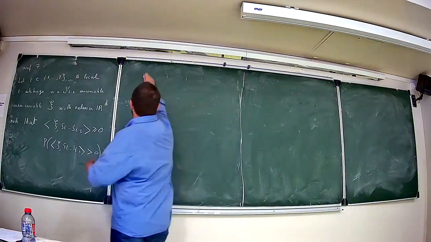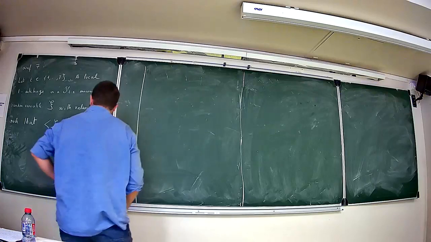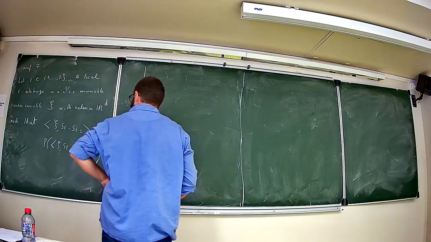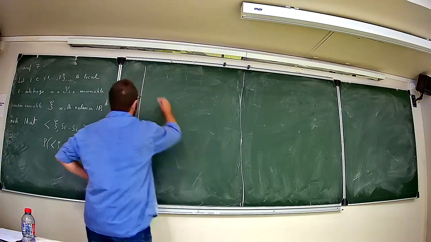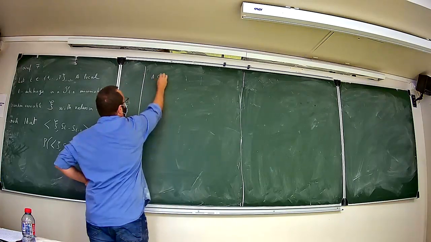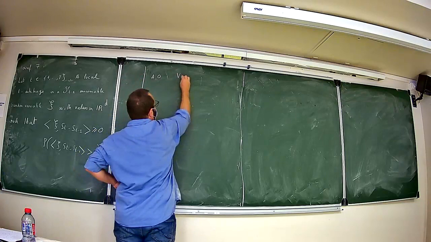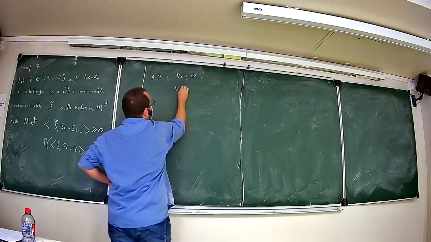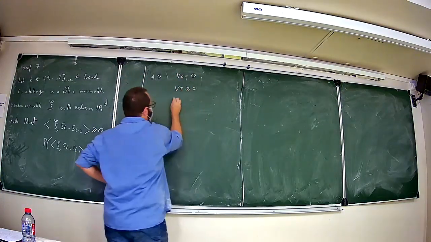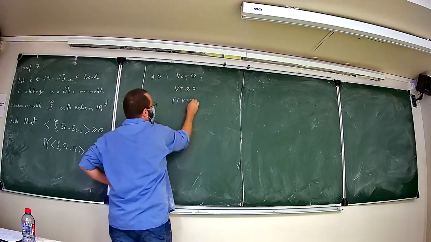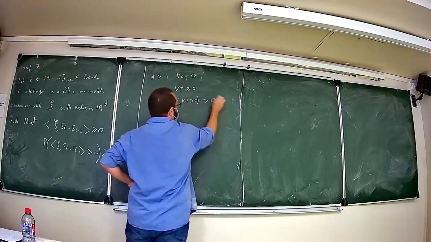So just a remark concerning this definition in relation with what we have said previously. What is an arbitrage opportunity? I remind you that an arbitrage opportunity is something such that V0 is equal to 0, VT is positive, and the probability that VT is strictly positive is strictly positive.